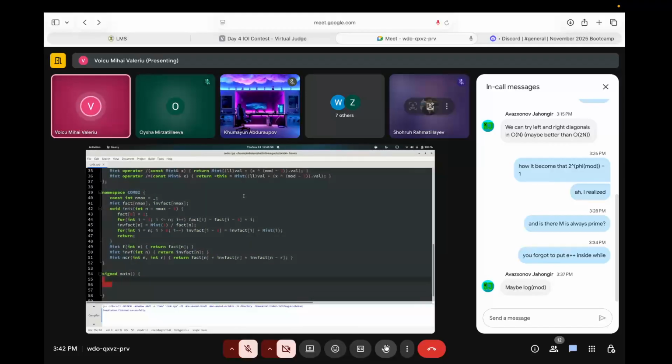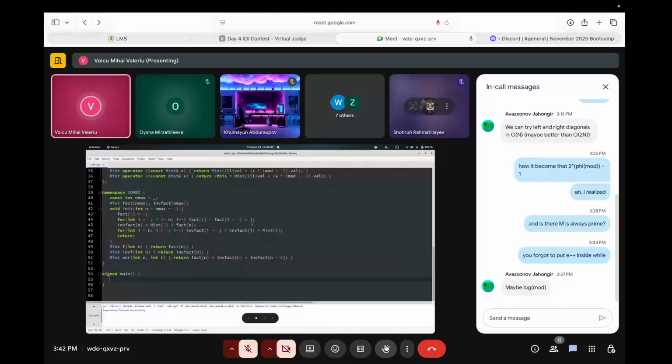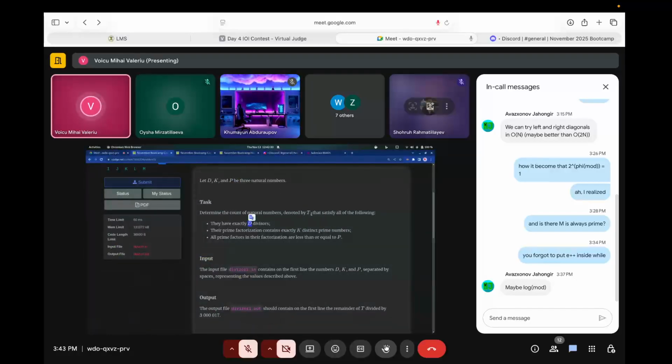Okay, so normally we expect that if a number has some divisors, D would be equal to basically this, where E1, E2, and EK are the exponents of each prime number that compose the initial number.